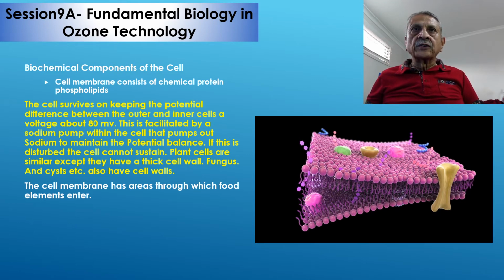As I did mention to you, it is necessary to keep the voltage difference, facilitated by the sodium pump, so that the cell is kept alive. Plant cells also work in a similar capacity, except they have a thick cell wall. The fungus and a few other cells also have a very similar structure.